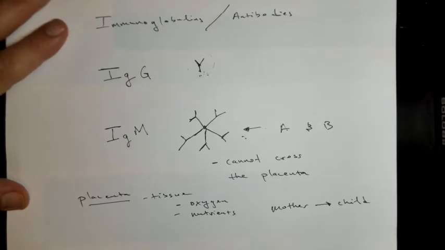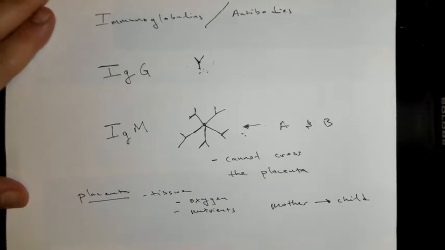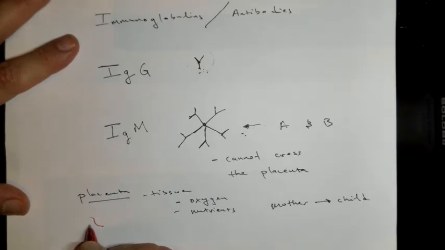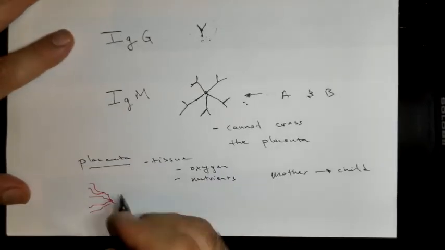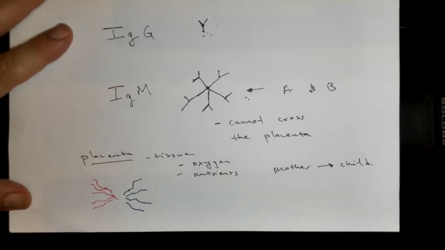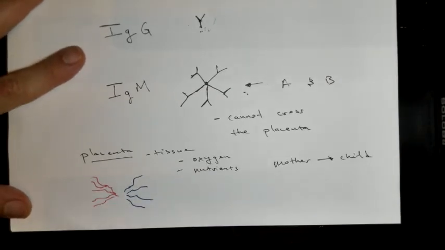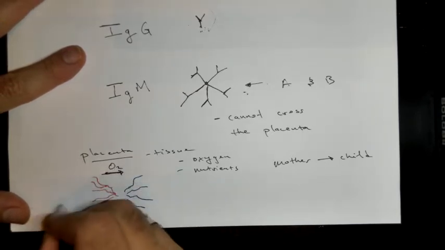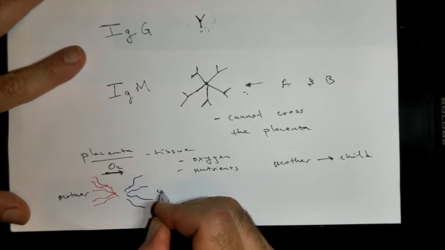during pregnancy. And what is important about this placenta is that if you imagine that there is a mother's blood vessel network on one side, and then there is the child's blood vessel network on the other side, and we want to think about oxygen moving from the mother's side to the child's side.